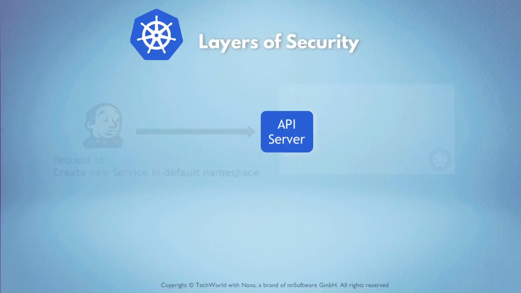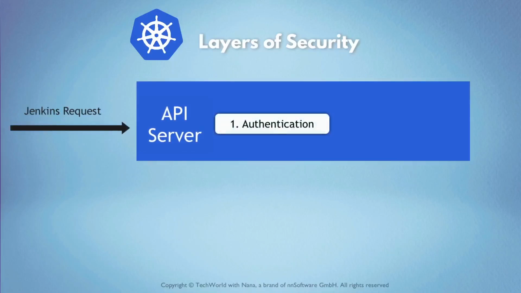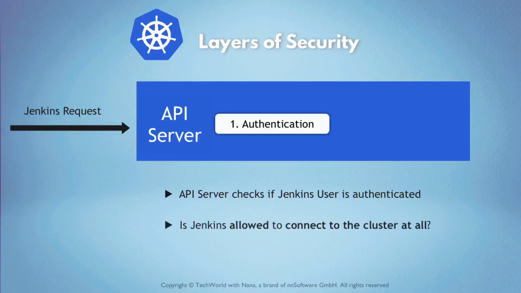On the first level, API server will authenticate the user, human or application user, in this case Jenkins, in the cluster to see whether this application, Jenkins, is allowed to connect to the cluster. Can this user access the cluster at all? Does it have access credentials like username, password, or certificate to talk to the cluster?